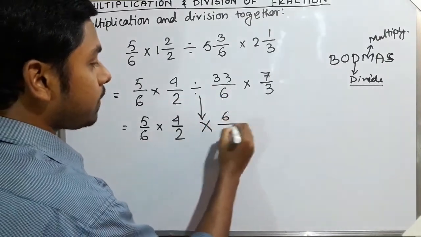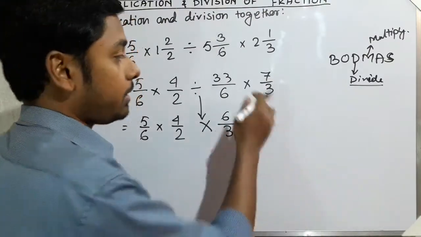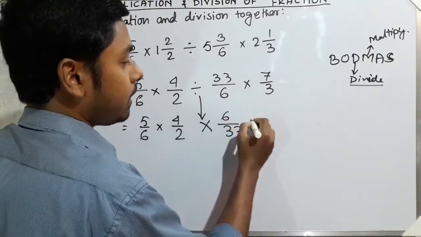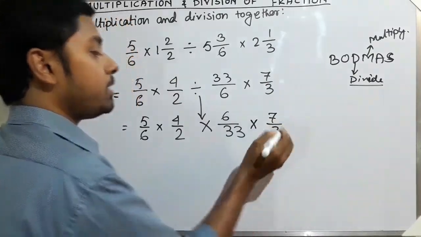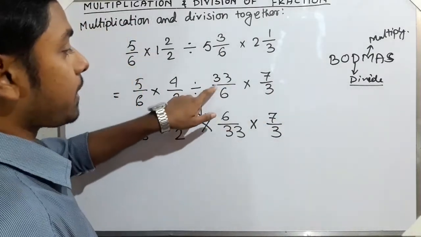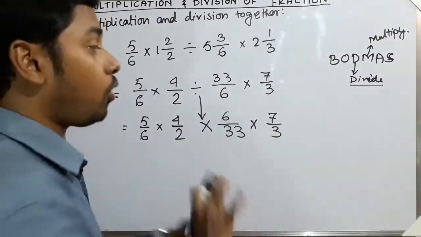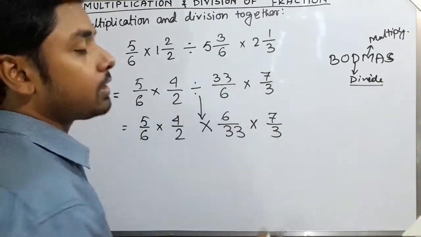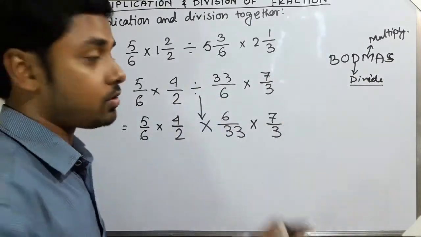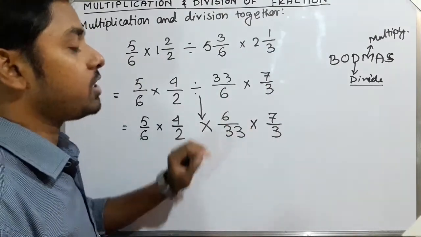That means 6 by 33, and this fraction will be the same as it is. After this one we are having multiply, and 7 by 3 will be the same as it is. Not all the fractions that you are having after the division, only the fraction immediately after the division sign will be changed.